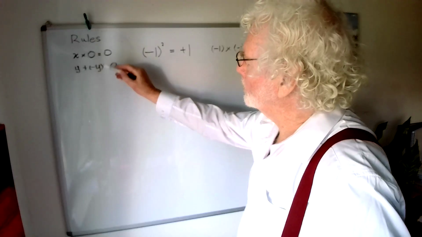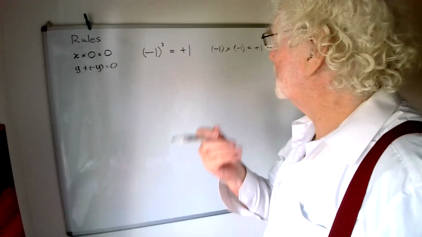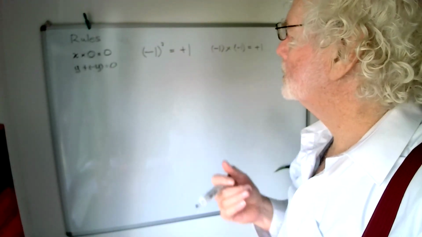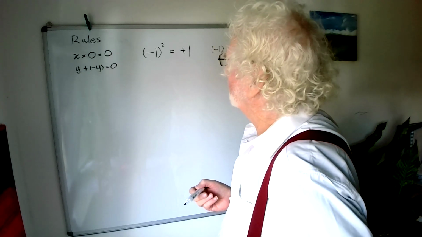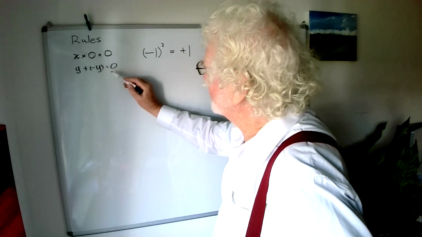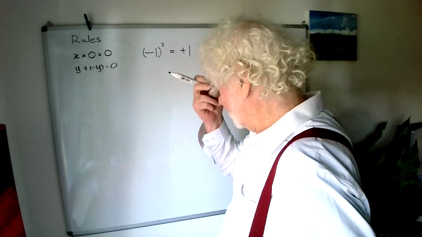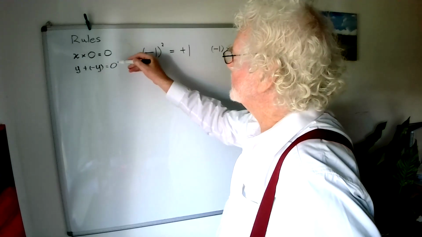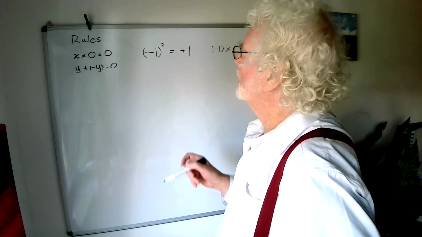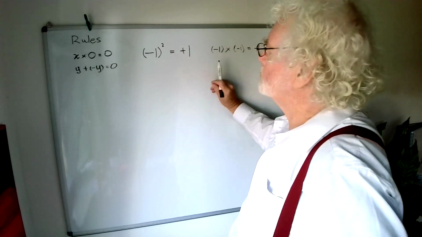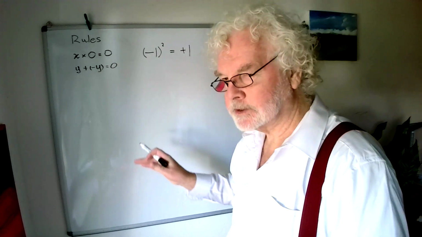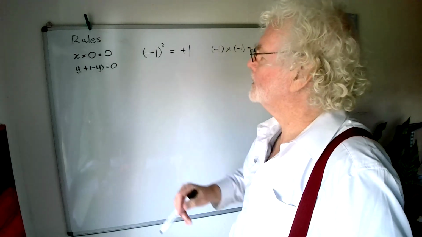So what I'm going to do is, since these work for any number, well, if we insist on these, then this number, minus 1, if we insist that minus 1 is a number, it must obey these.